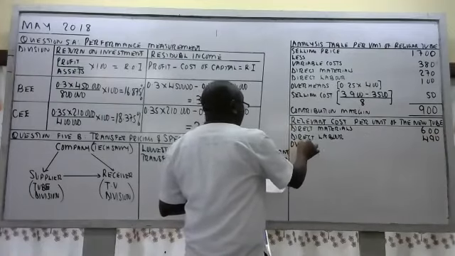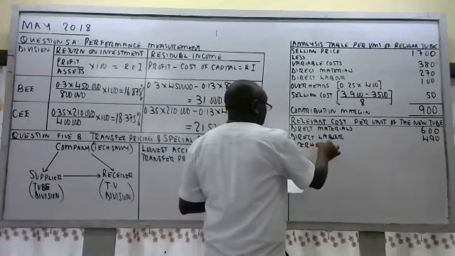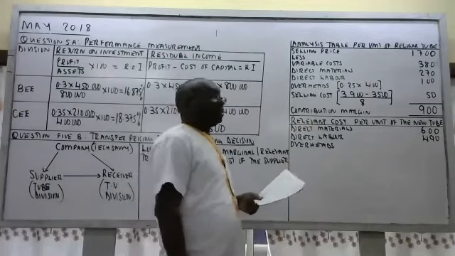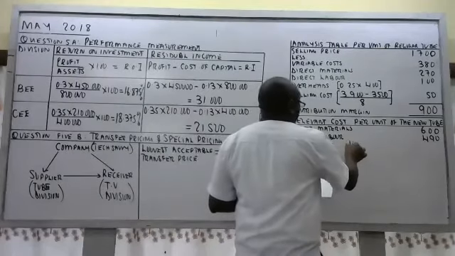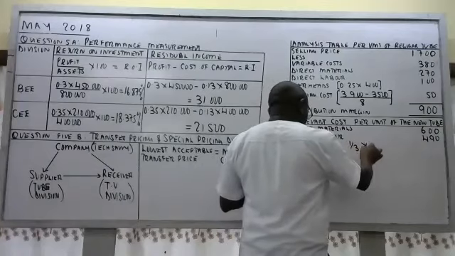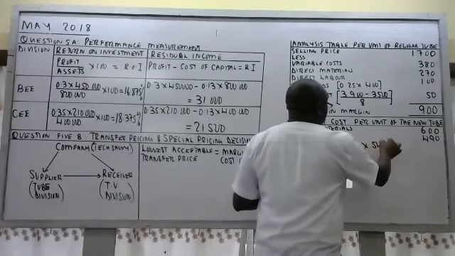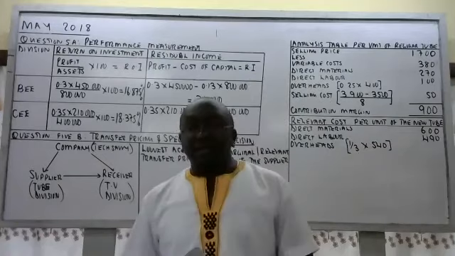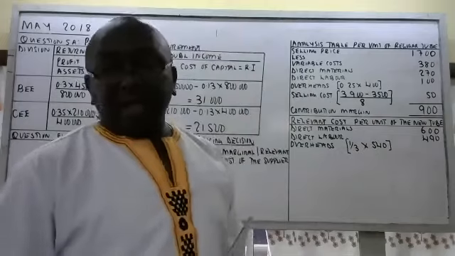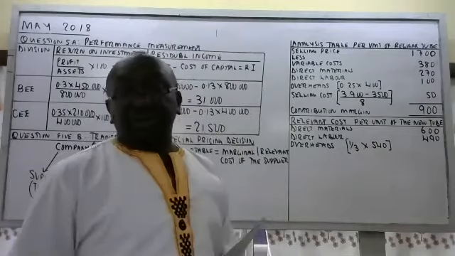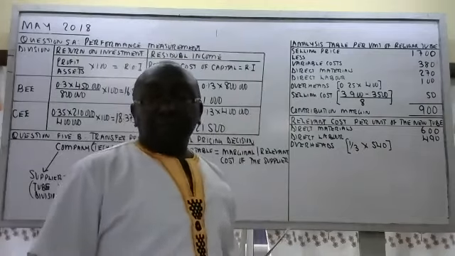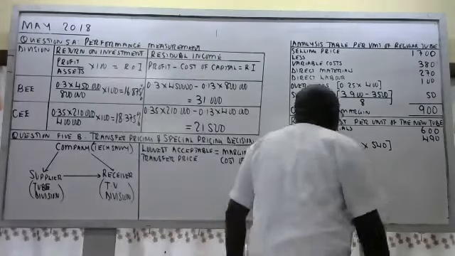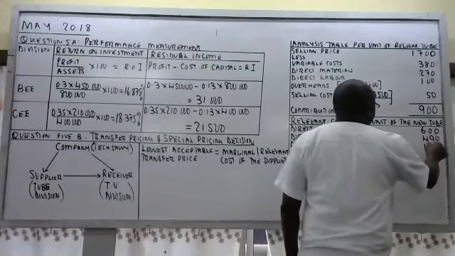Then I have overheads. We are told 2/3 are fixed, so the variable must be 1/3. So 1/3 of 540 is how much? Yes, good. It is 180.